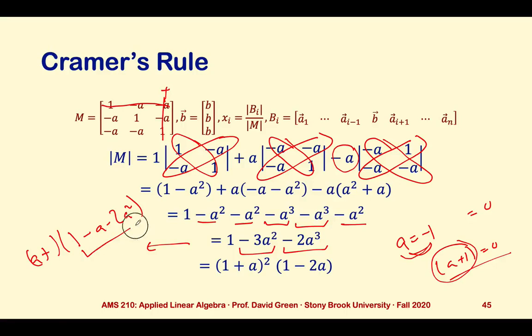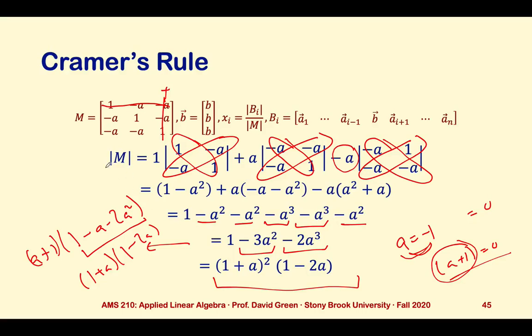And this also has a pair of factors, 1 plus a and 1 minus 2a. And this gives us an overall factorization of this shown here. Again, this is not something I am really expecting you to do right now. I'm showing you the process of how we can think about this. This is our determinant M.